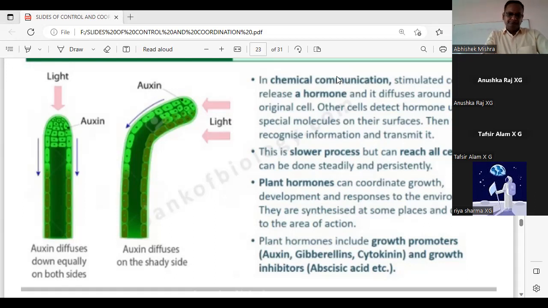And if the light comes from the side, then oxygen diffuses away from the light. Yes, which is on the shady side. Oxygen diffuses more on the shady side, which is away from the light. Okay, correct. Next, Nancy.